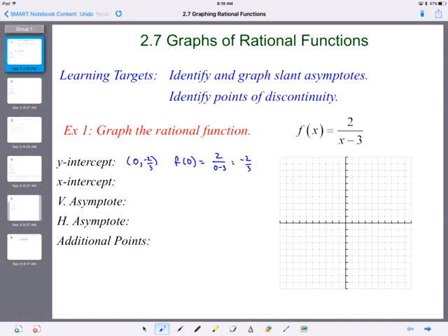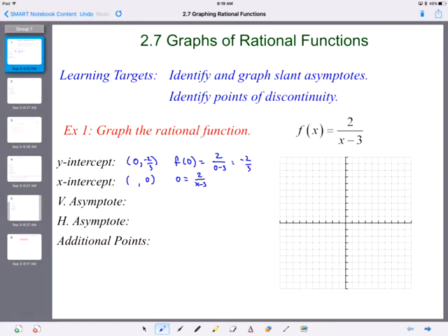How do you find the x-intercept? Well, the x-intercept, where the graph crosses the x-axis, is when y is equal to 0. So now you're going to plug 0 in for the function output. So 0 is equal to 2 divided by x minus 3. And so how's that going to work?